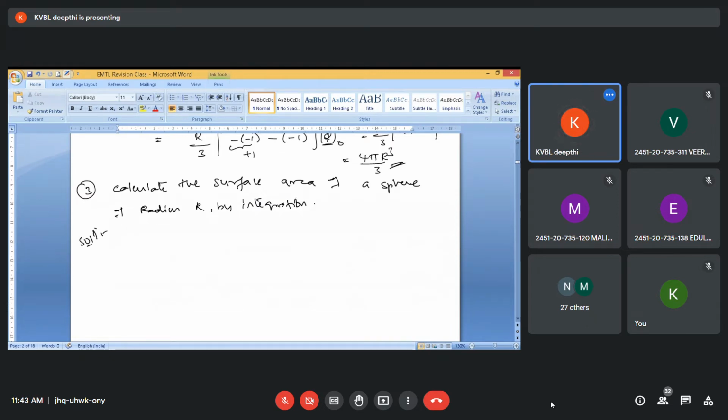What is the formula? What is the formula for the area of a sphere? R d theta d phi. Substitute it then. What I asked here is the sphere. So what do we need here? Surface area. Substitute and tell me. So you have to find out the equation for differential area, right?